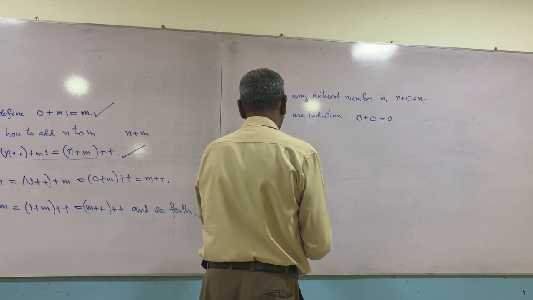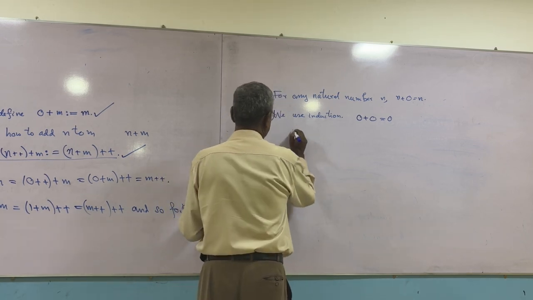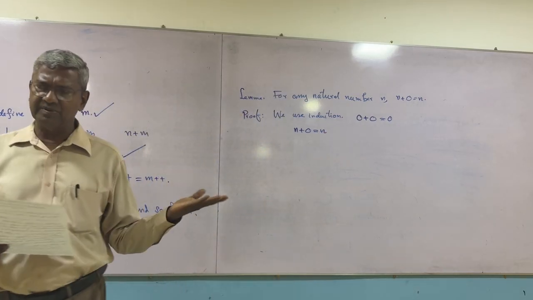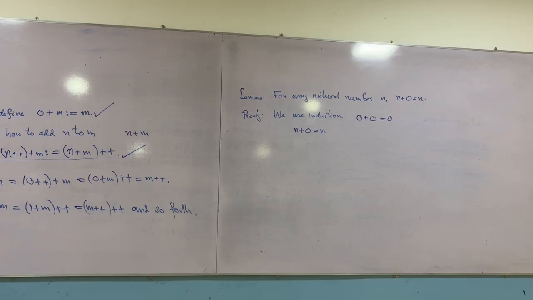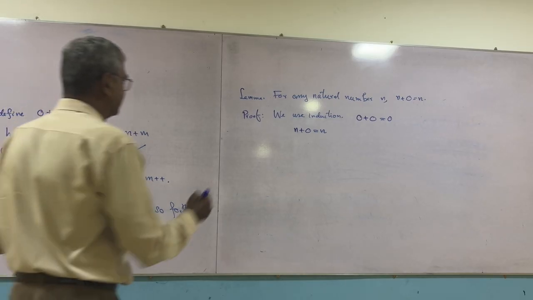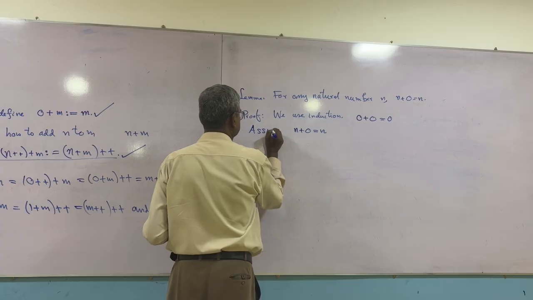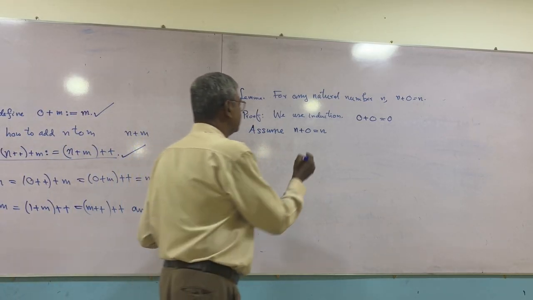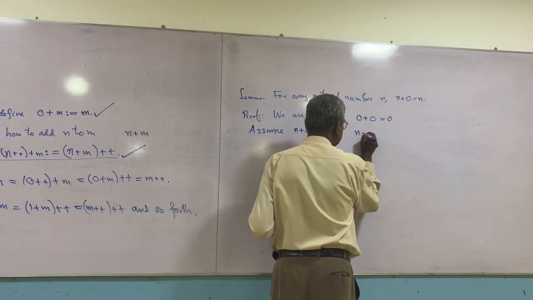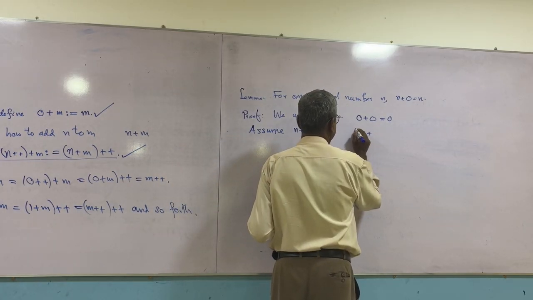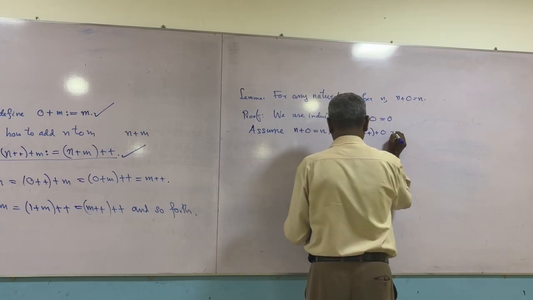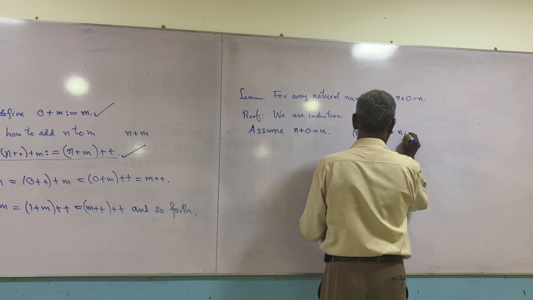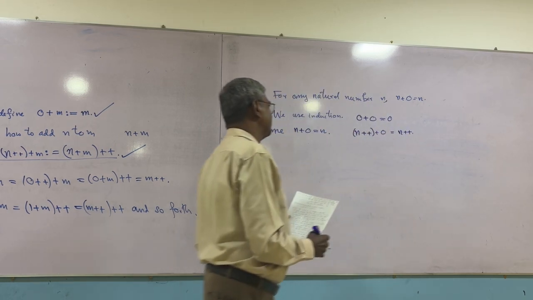Now suppose inductively that n plus 0 is equal to n. I am not writing the proof because you have the notes. We are assuming, let me write, assume: n plus 0 is equal to n. Now I want to show that n plus plus 0 is equal to n plus plus.